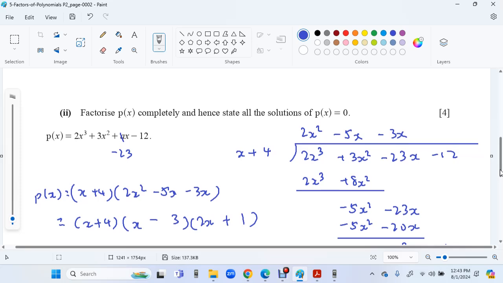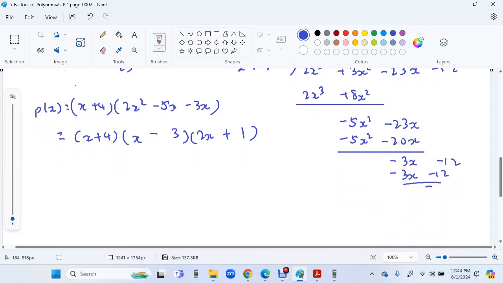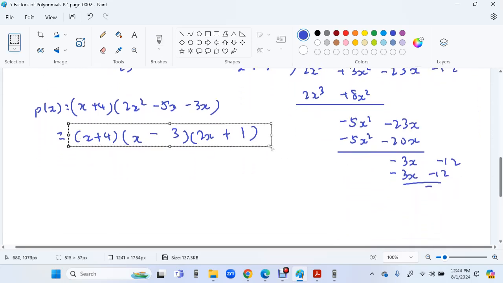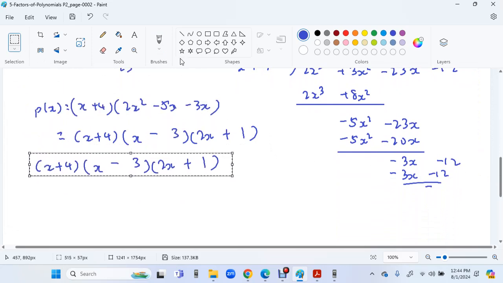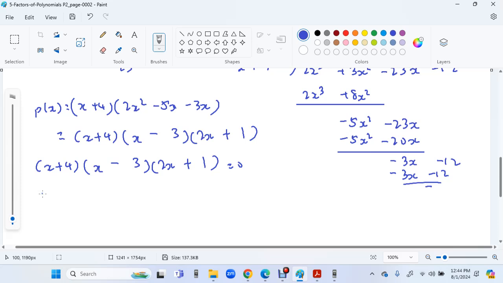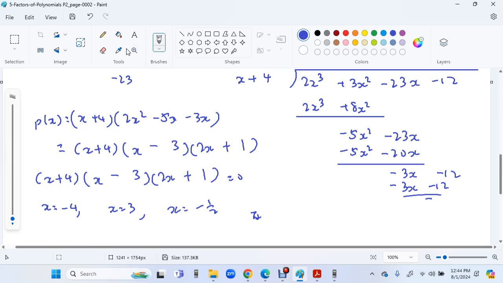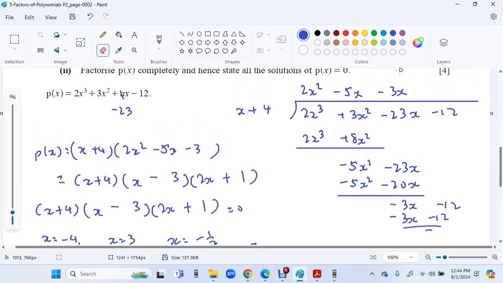Okay, so we want to find the solution. So when this one equals 0, then x equals -4, x equals 3, x equals -half. This one is 3, not 3x. -5x minus 3.